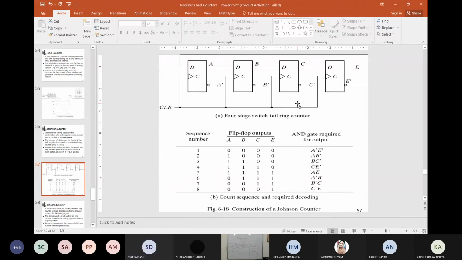A sequence number is given, continuous for 1, 2, 3, 4, 5, 6, 7, 8. And now you see, the first one is 0, 0, 0, 0 as input. Then afterwards what is happening there? What is A dash, E dash, then A B dash, then B C dash?